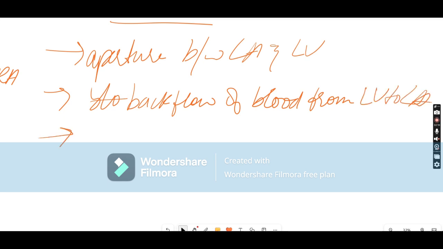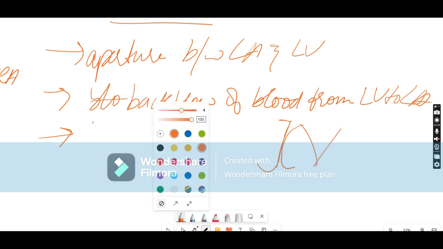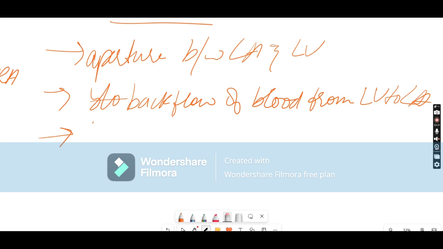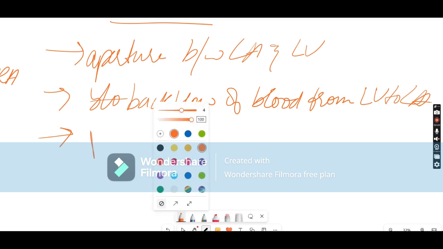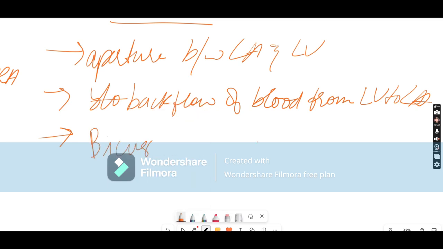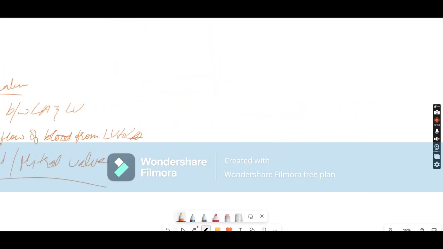Okay, now this has two flaps only, and it looks somewhat like this because it has two flaps only, and it is facing downwards, so it is known as bicuspid or mitral valve. Okay, so that is all about the atrioventricular valves, and now we have the semilunar.